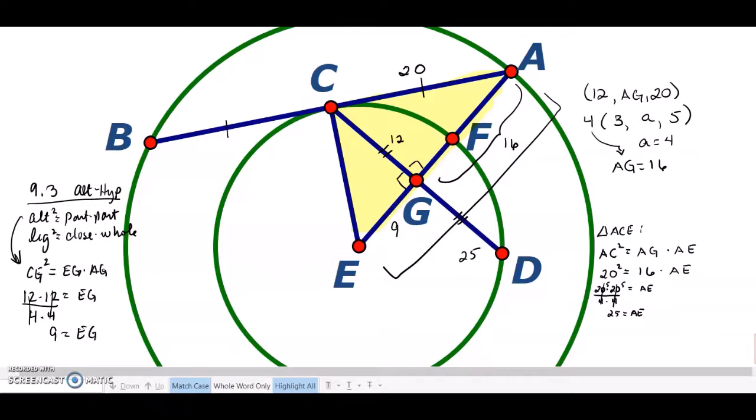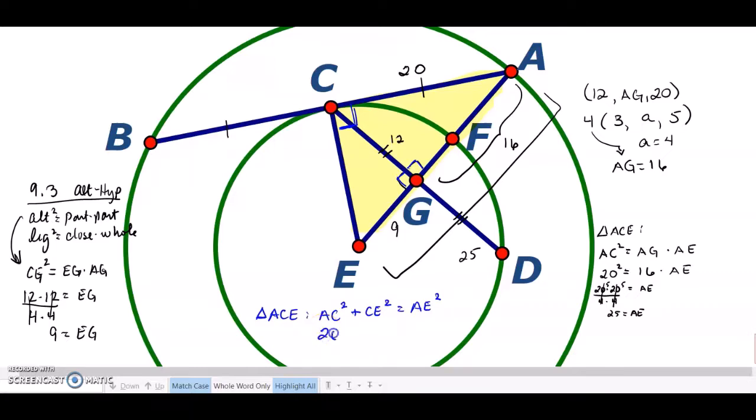So now I'm still looking at triangle ACE, where this is a right angle, that's a right angle. And I know that one leg squared, oops, that's a C, plus the other leg squared, I'm looking for the radius now of the circle, will equal the hypotenuse squared.